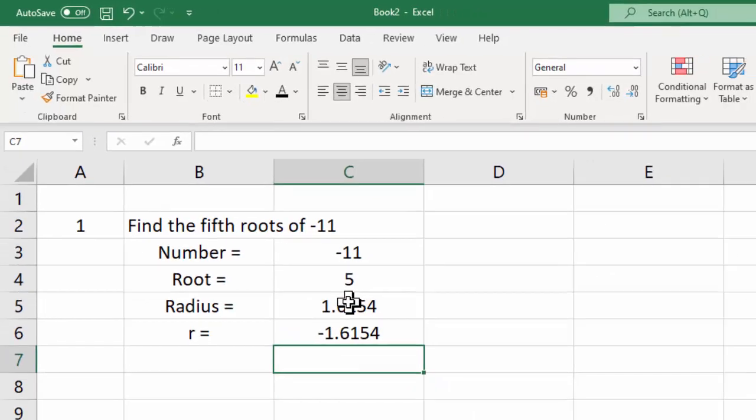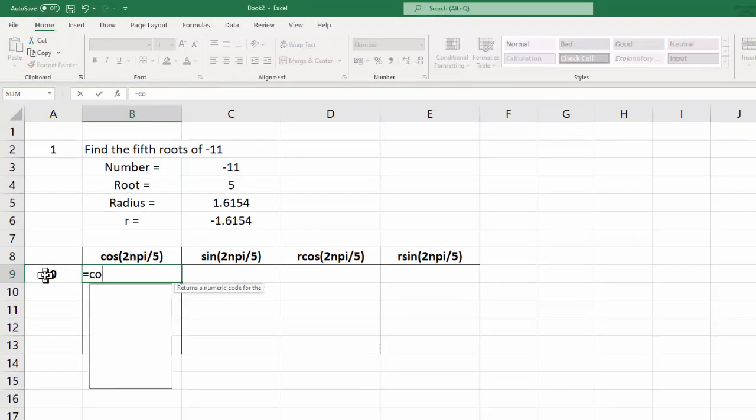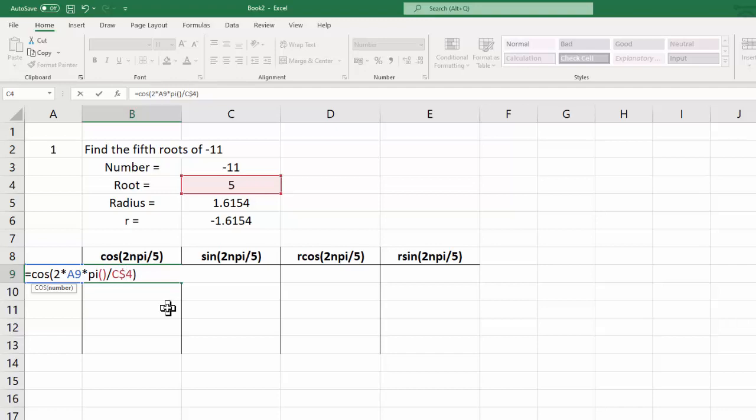Now we're going to create a table. The first value of n is going to be 0, and this is going to equal cos of 2 times n times pi divided by the root. And because I'm going to use this several times, I'm going to put $1 in front of the 4.